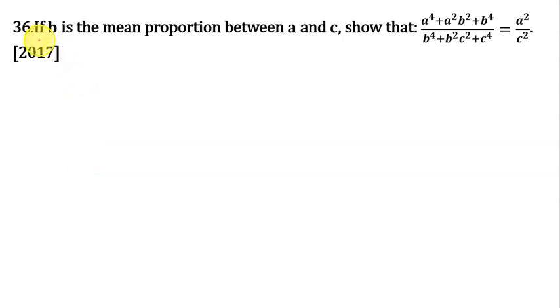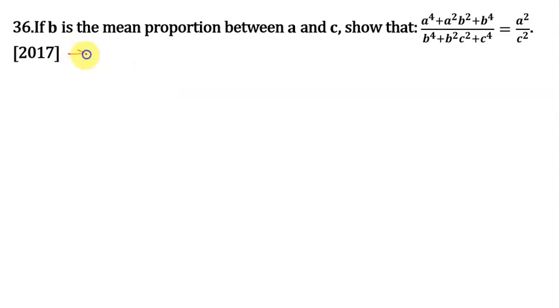Now next problem. If B is a mean proportion between A and C, then show that (A raised to 4 plus A square B square plus B raised to 4) upon (B raised to 4 plus B square C square plus C raised to 4) is equal to A square upon C square.